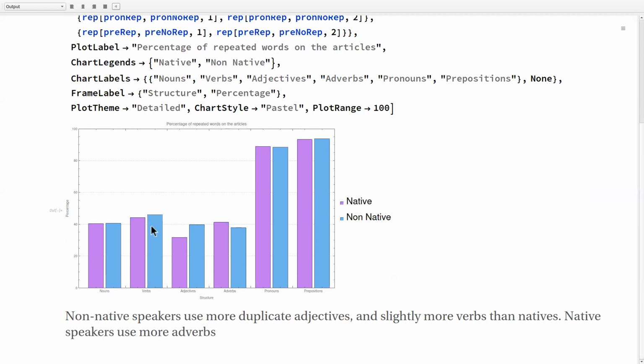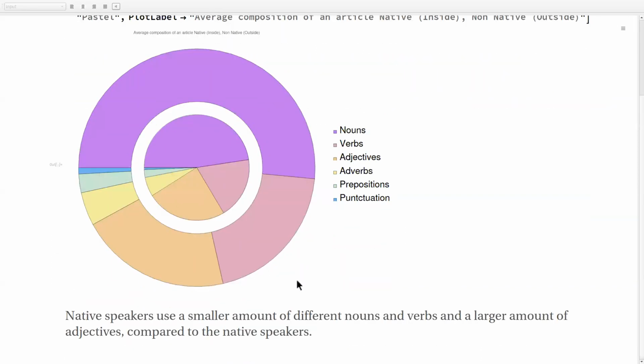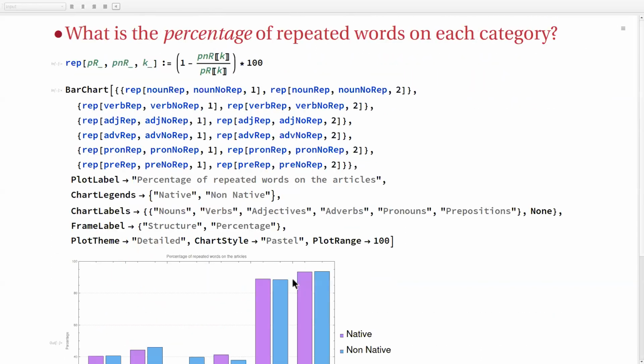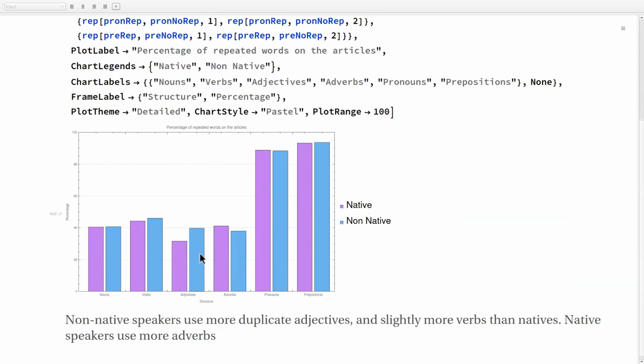So we can see that non-natives use more verbs, adjectives, and natives use more adverbs. This is according to our last slide, because we had the same data as the past slide.